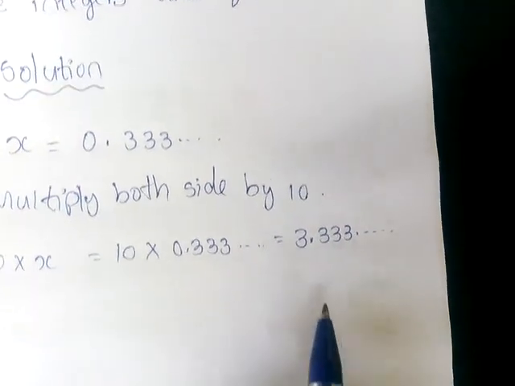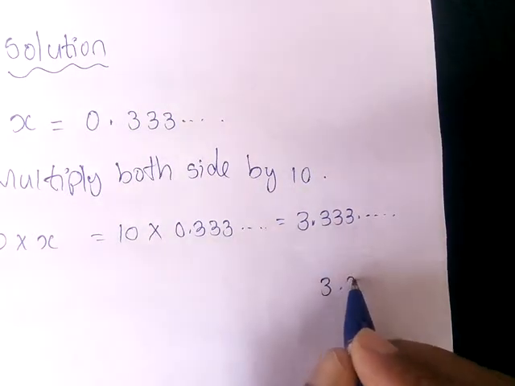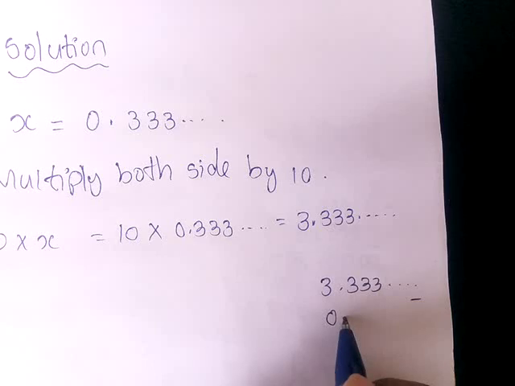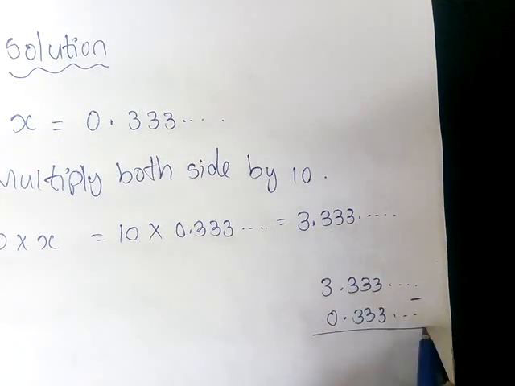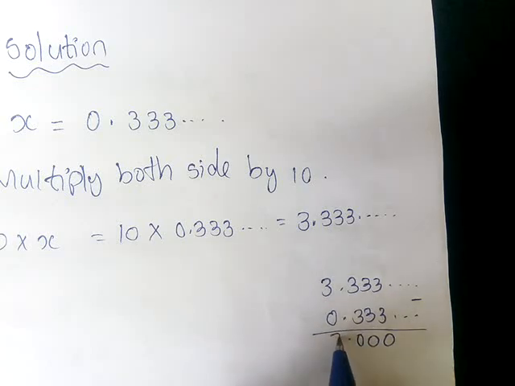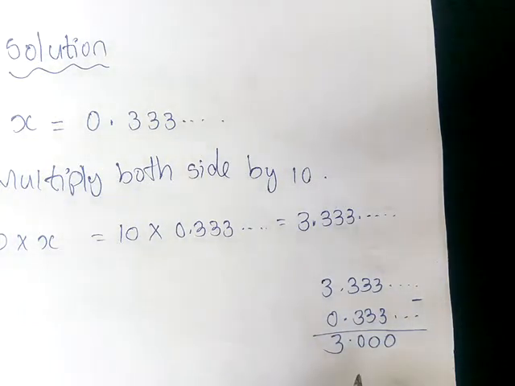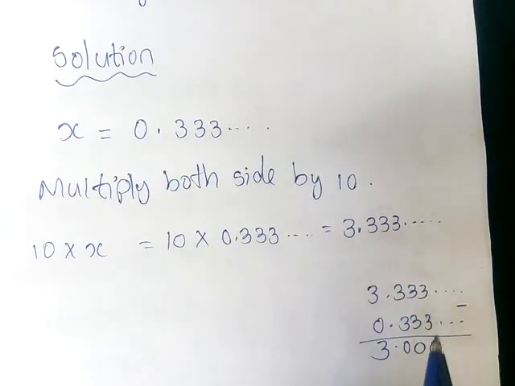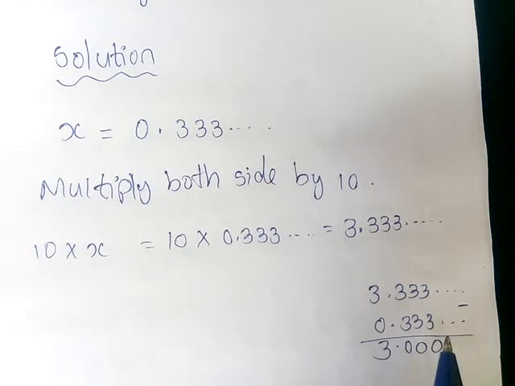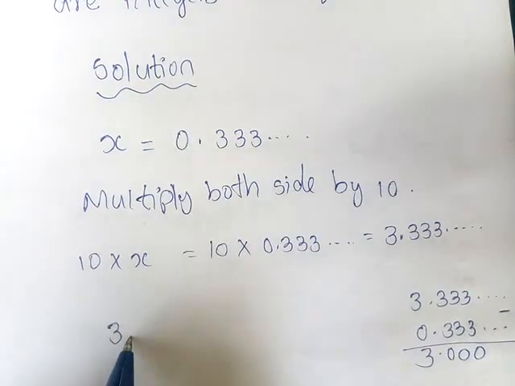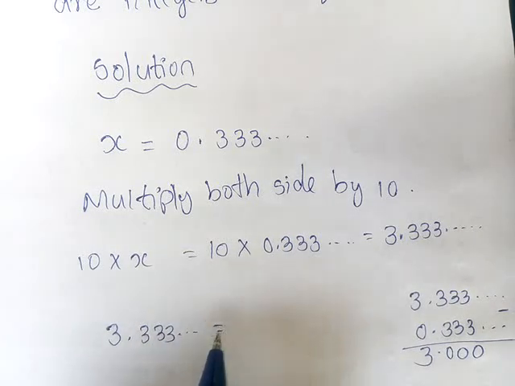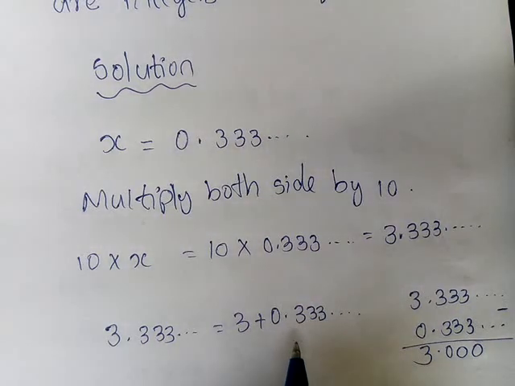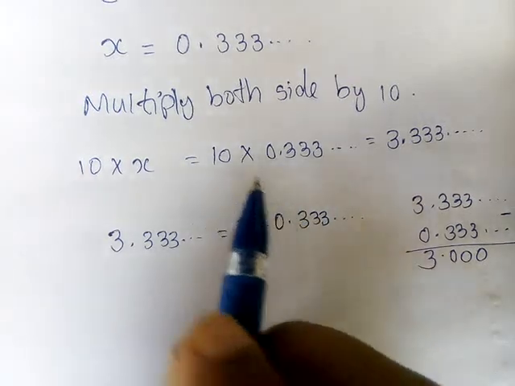Since 3.000 means 3, instead of 3.333 etc. we can write 3 plus 0.333 etc. So 3.333 etc. is equal to 3 plus 0.333 etc. Now we know 0.333 etc. is equal to x.